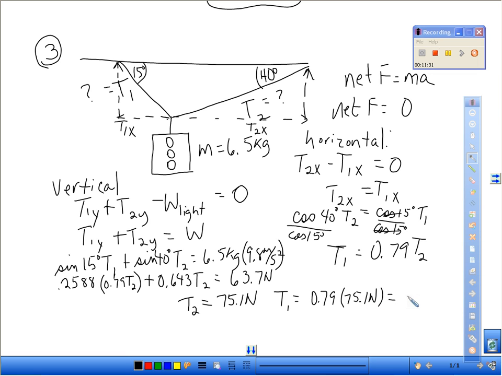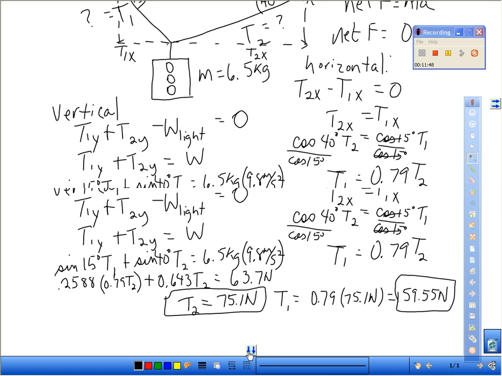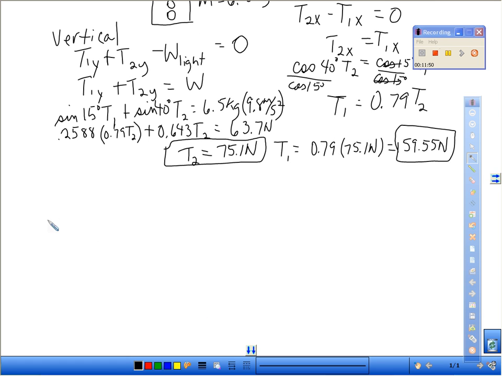So T1 is going to be 59.55. Okay, that should take care of number 3. Let's move on to number 4.